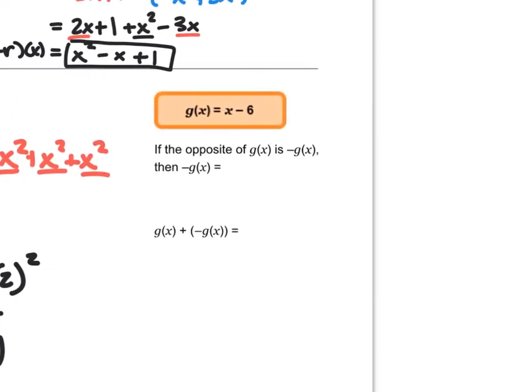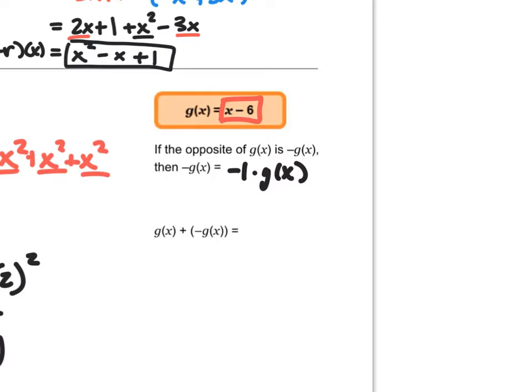On the other one, it says the opposite of g of x is negative g of x, okay? And then negative g of x, if I have this negative sign out here, I'm really just taking negative 1 times that function g of x. Now that function g of x is equal to x minus 6.